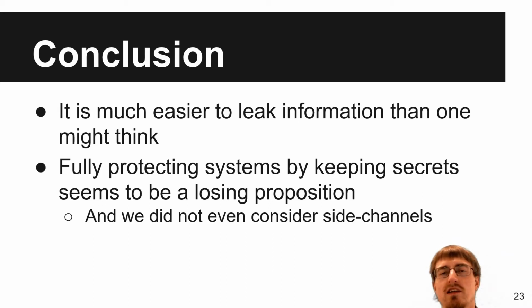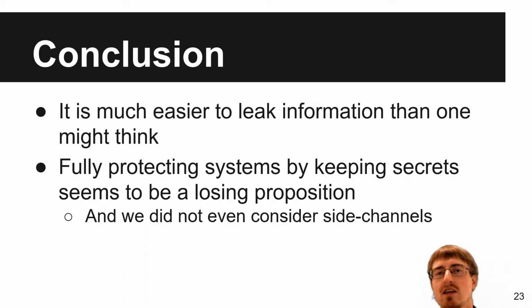Doing full protection using this approach is very hard. And even then, we did not yet consider so-called side channels. Side channels are often an even more effective way, and harder to mitigate, to leak information about a system. An example of a side channel would be cache timings.